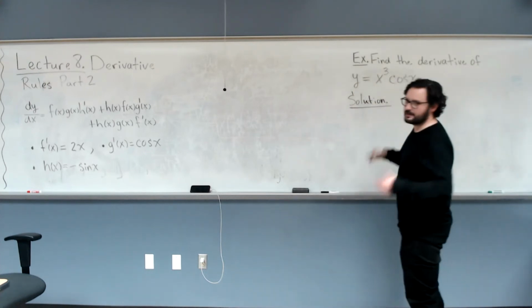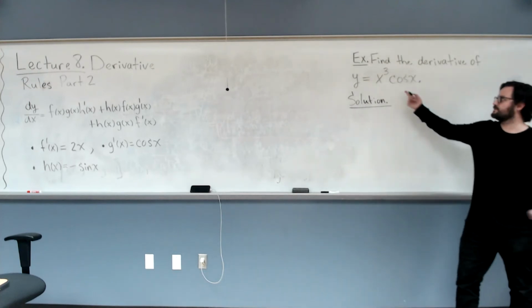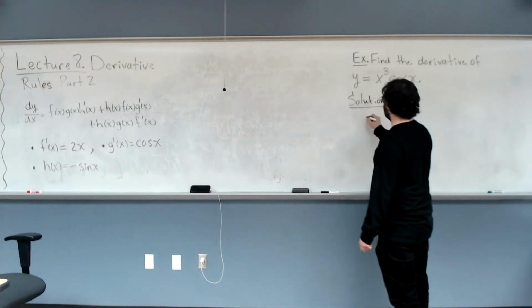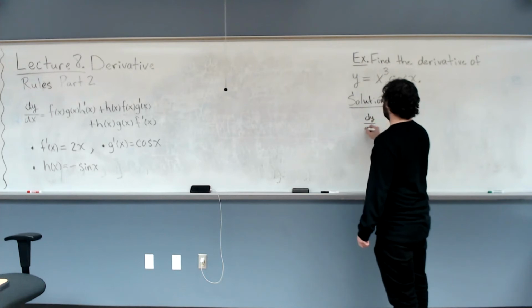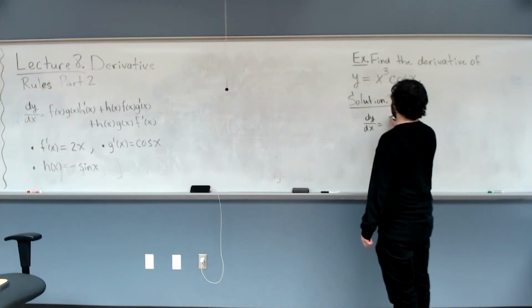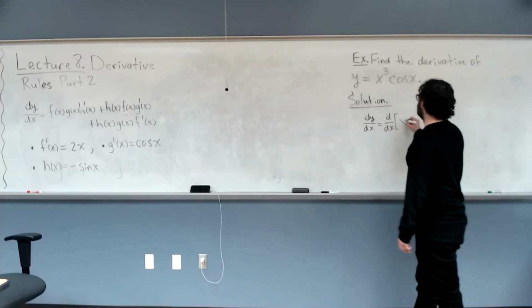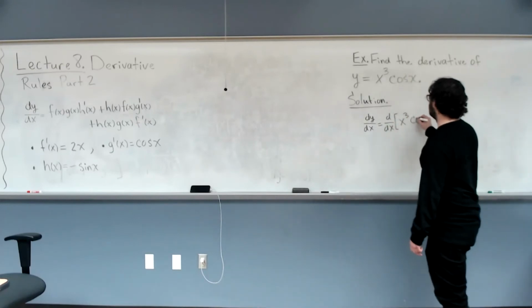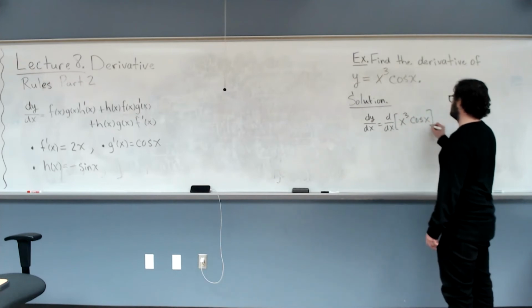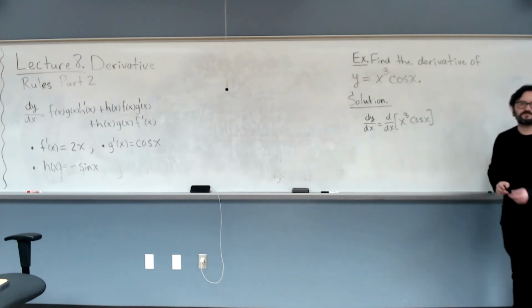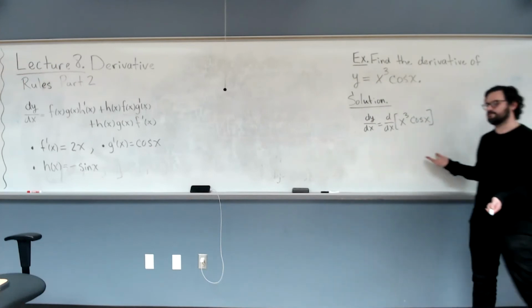We're going to apply the derivative as an operator on both sides of this equation, which means that dy/dx is equal to the derivative with respect to x of x cubed times cosine of x. Now identify your functions here.